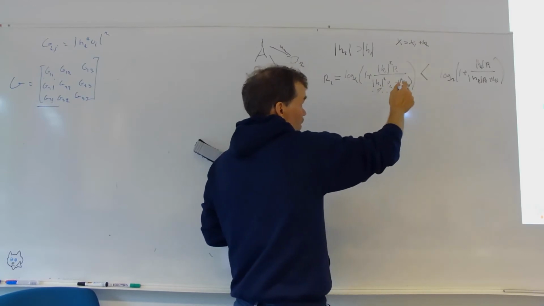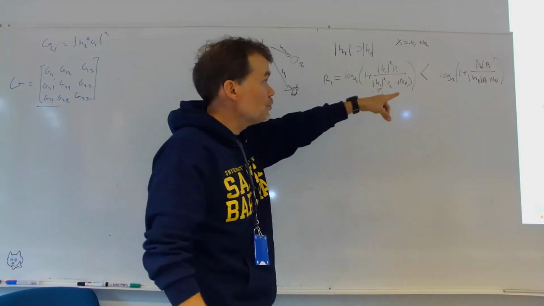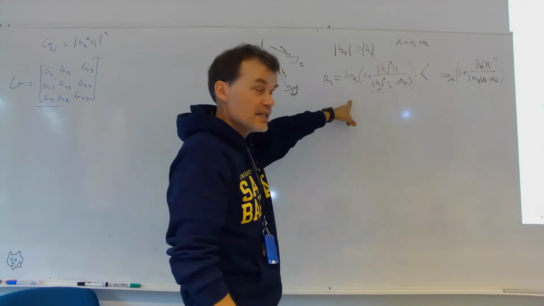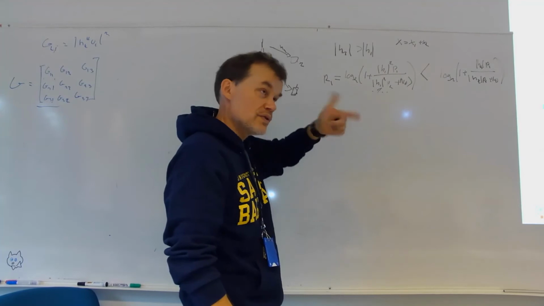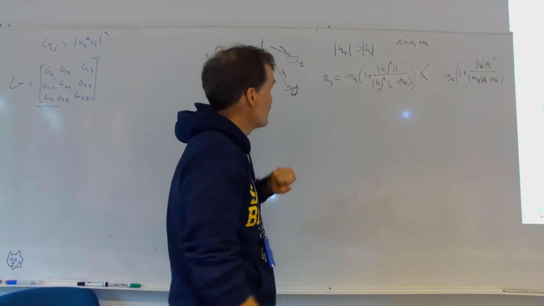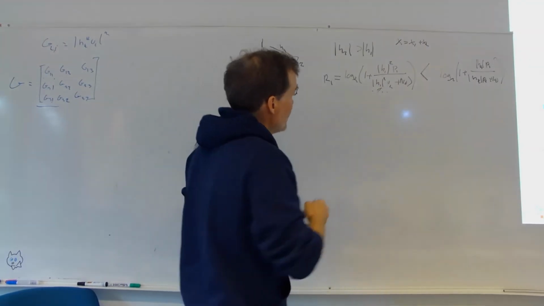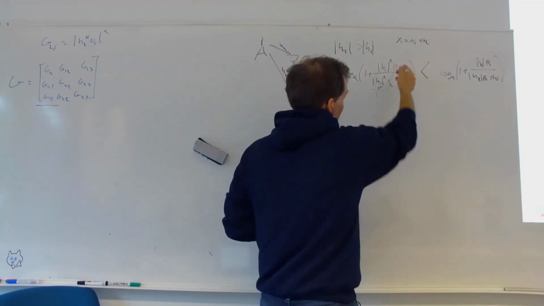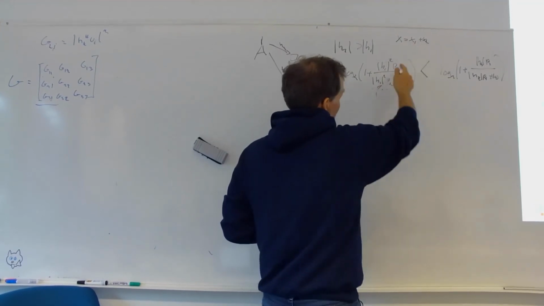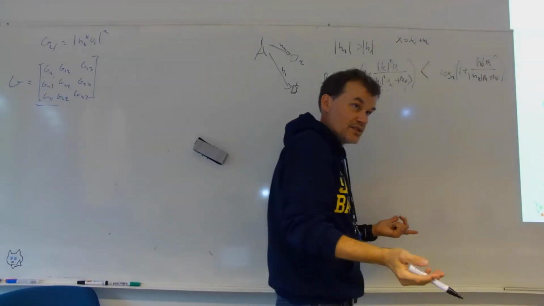So it is achievable also at user 2. So user 2 can also decode the message intended to user 1, right? But that's not the case for the reverse order. If we reverse the order, it doesn't hold. Here you can imagine that if H1 is 1, N0 is 1, P1 and P2 are 1, then this would be half. So H2 is 10, much larger.